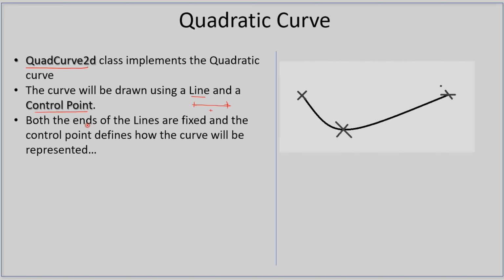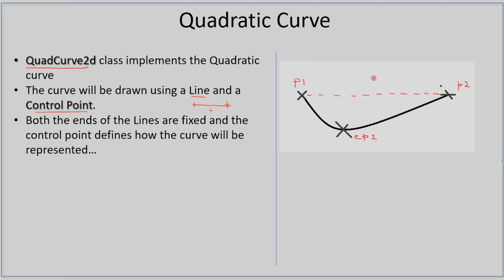Say for example, here I am representing the line in dotted line here. So this is point 1 and point 2 on your line, and this one will be the control point. So you can see how the control point defines the curve.